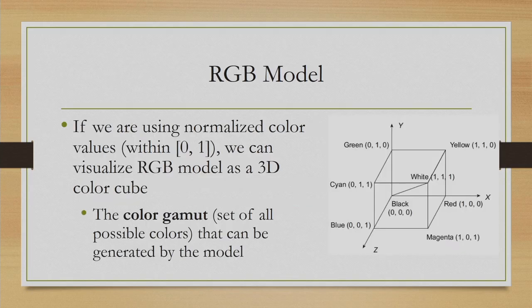Further, if we are assuming normalized color values, that means the values within the range 0 and 1, which is typically what we do when we use lighting models, we can visualize the RGB model as a 3D color cube as shown here.